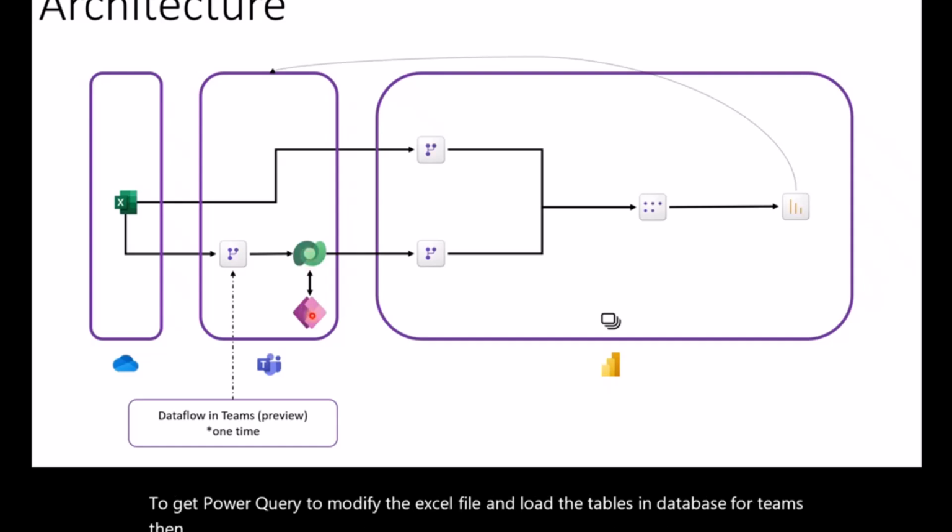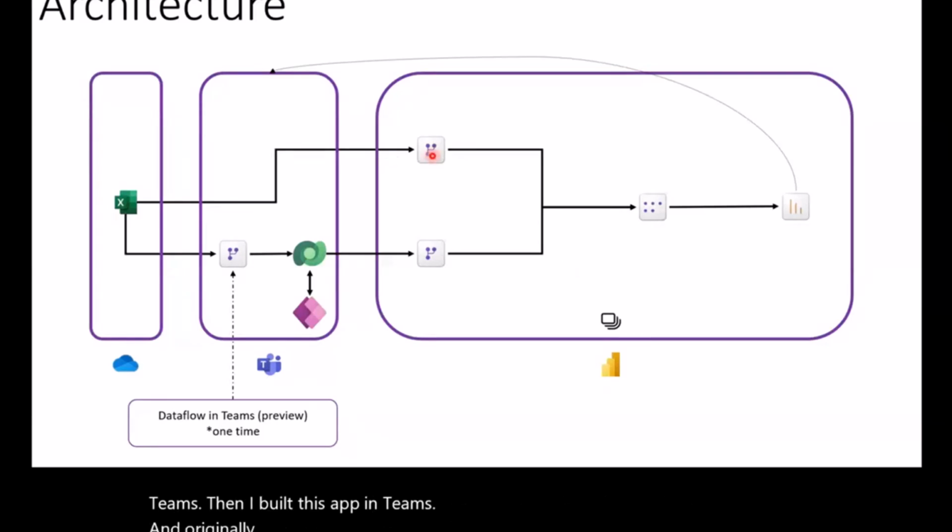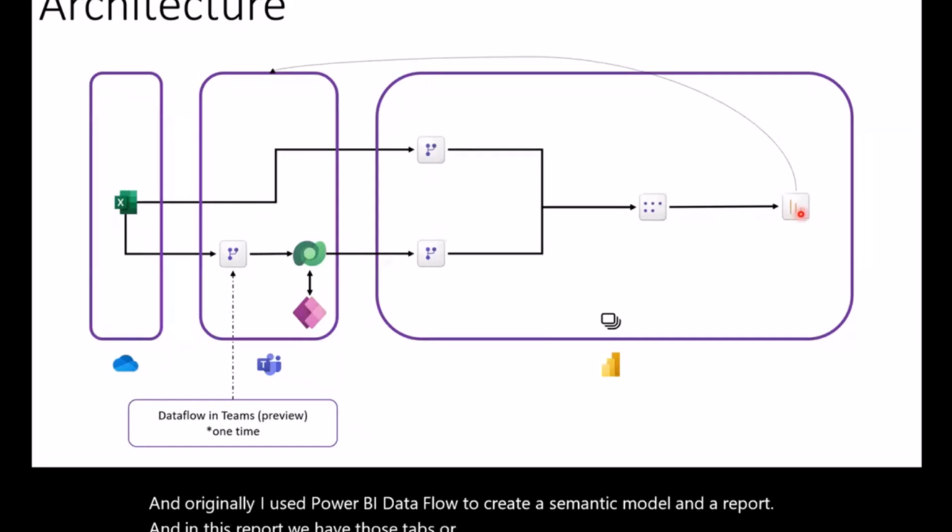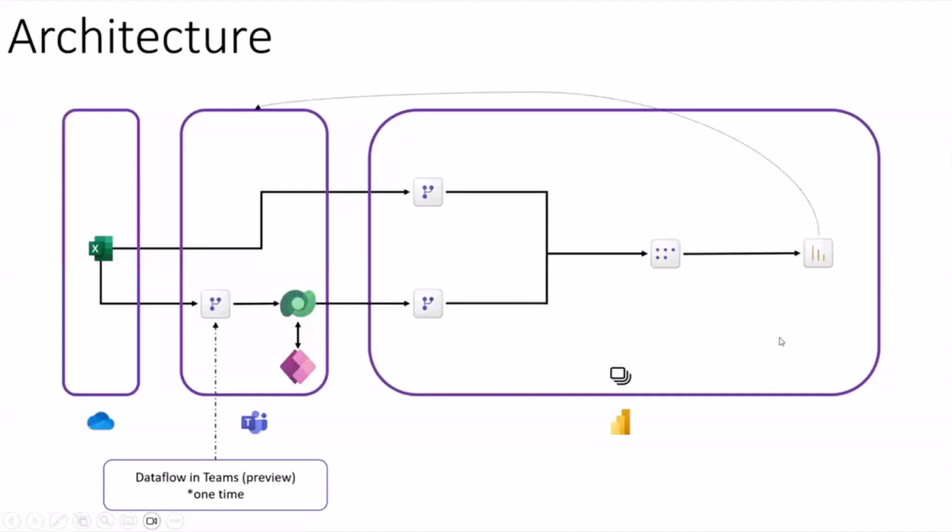Then I built this app in Teams. And originally, I used Power BI data flow to create the semantic model and the report. And in this report, we have those tabs or those pages, the original and the reclassified. And then this is how the summary, how it worked.